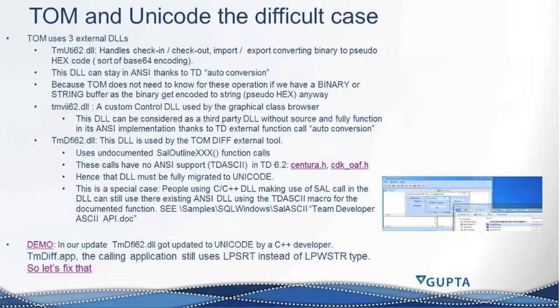Tom and Unicode, the difficult case. Tom uses three external DLLs, TM-UTI-62 DLLs, which handle import, export, and check-in, check-out, converting binary to pseudo hexa, sort of base 64 code.